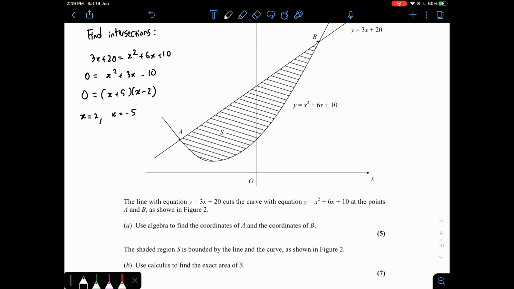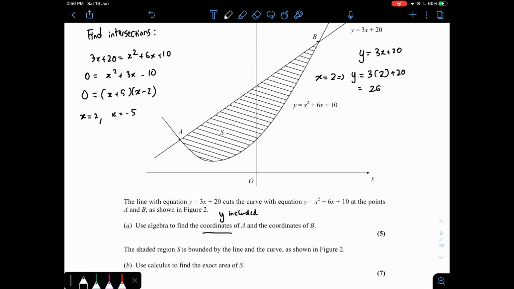But because we want the coordinates, which means y is included, we have to substitute this back into the original equation. The easiest one is y equals 3x plus 20. For x equals 2, this will be 3 times 2 plus 20, which is 6 plus 20, so 26.